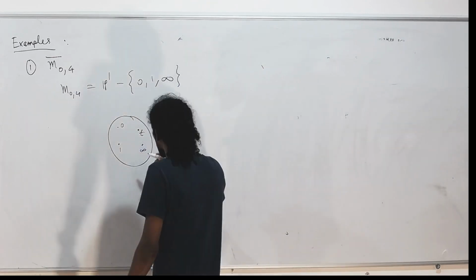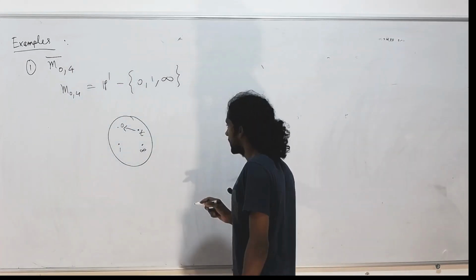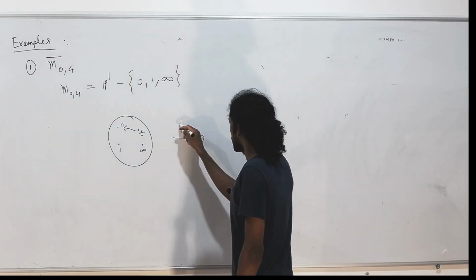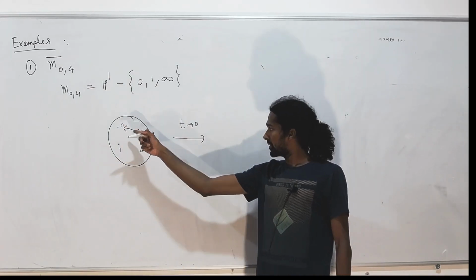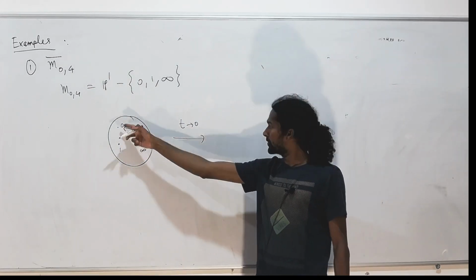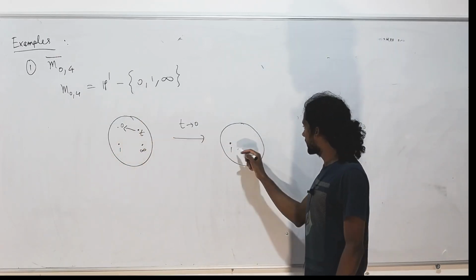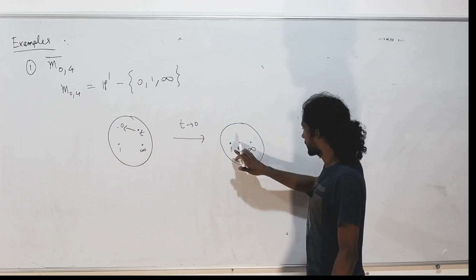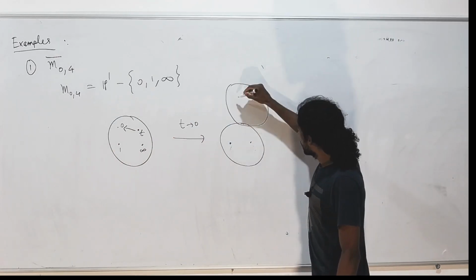So what happens now if I take t to, let's say, 0? The limit is t goes to 0. When you try to collide these points, they basically refuse and they just leave. Maybe I shouldn't call them 1 and infinity anymore; let me just say some points. And then these two guys just leave.